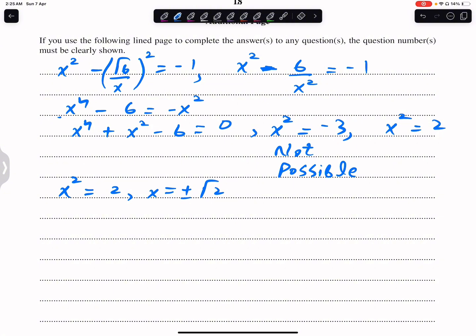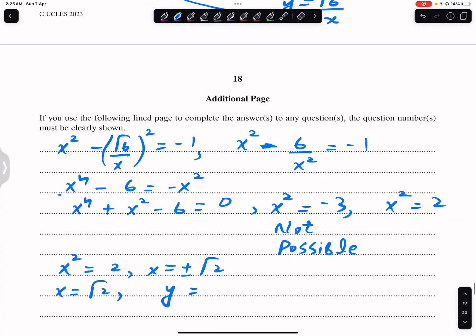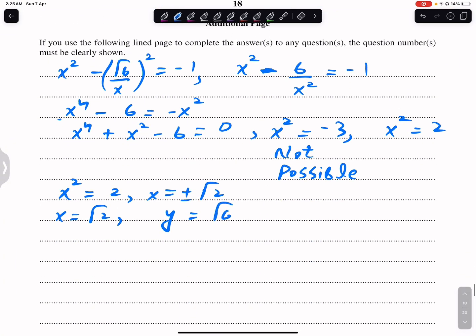So if x is equal to √2, y is equal to, what was y? y was √6 over x, so √6 over √2. So I think this will become √3. So the square root will become √2 plus i√3.